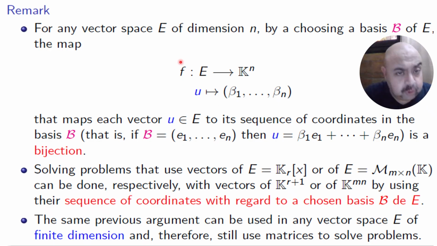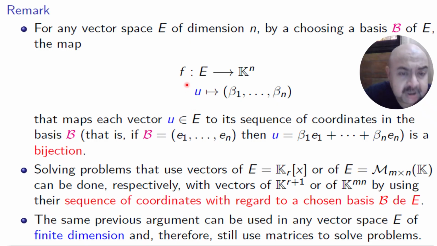So for any vector space E of dimension n, by choosing a basis beta of E, with f such that E goes into Kn, you will have beta 1 up to beta n, which are vectors representing the generation of this subvector space or vector space. And of course, using the coordinates, by linear combination, you can construct any vector.